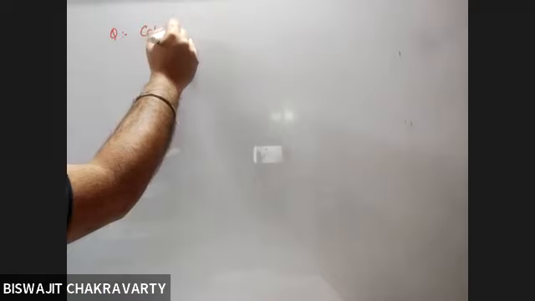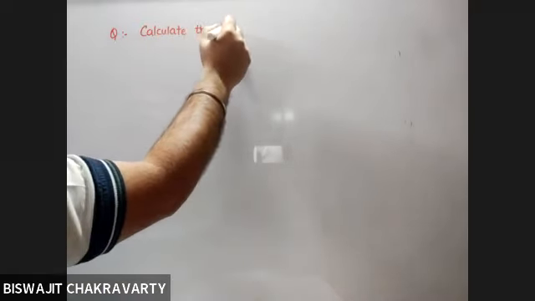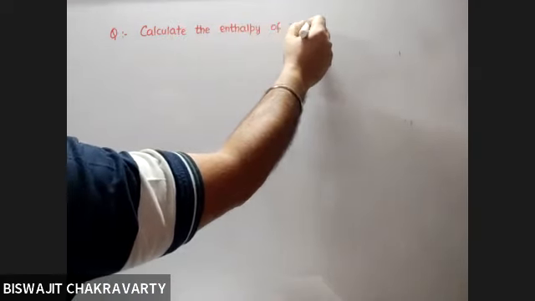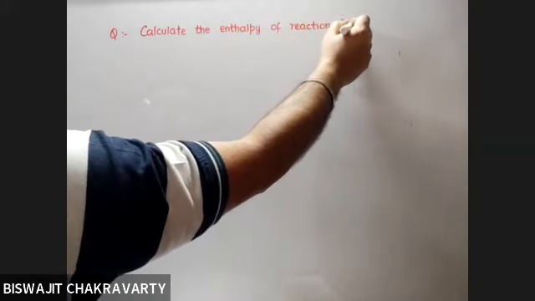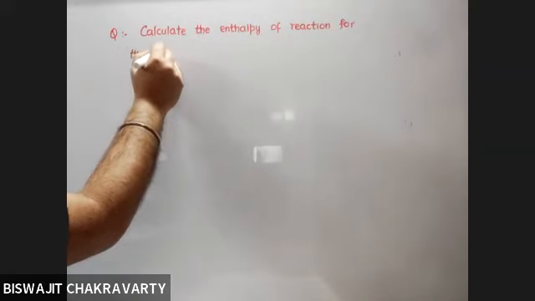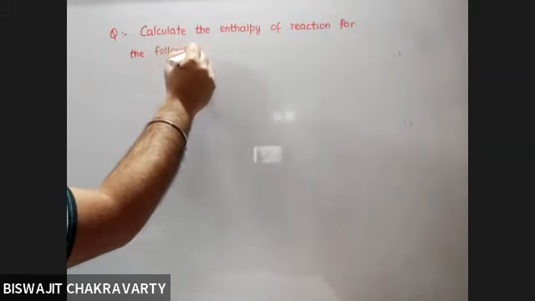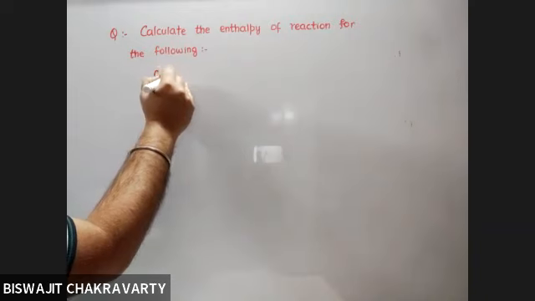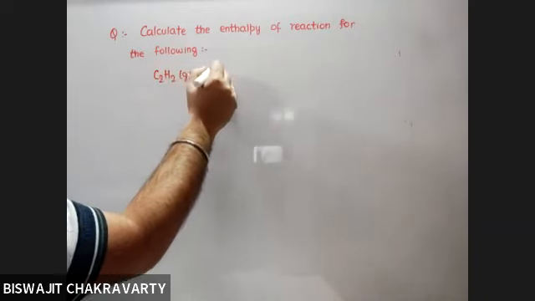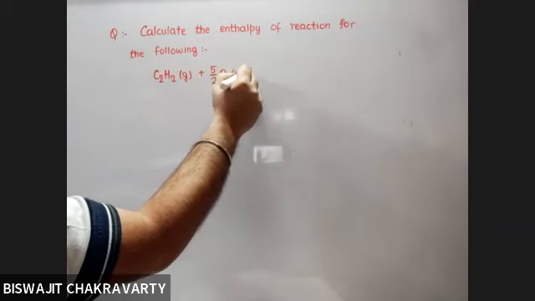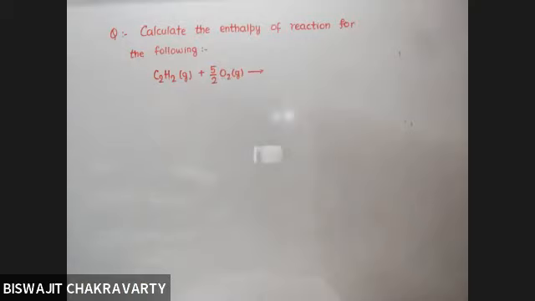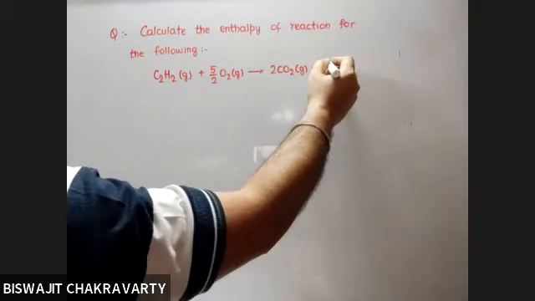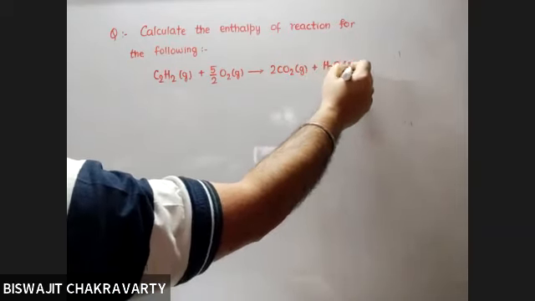Calculate the enthalpy of reaction for the following: C2H2 plus 5/2 O2 gives twice CO2 plus H2O, where H2O is in the gaseous state.